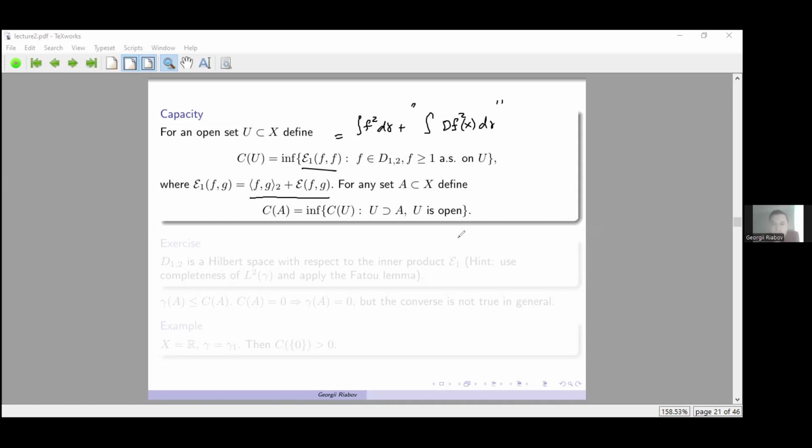Okay. And take the infimum of all these expressions.